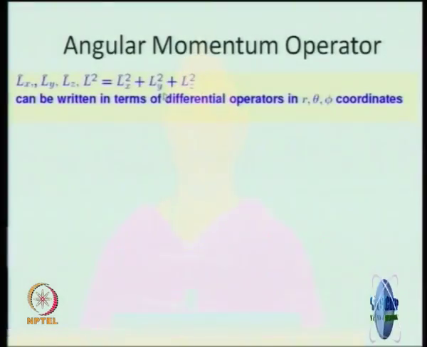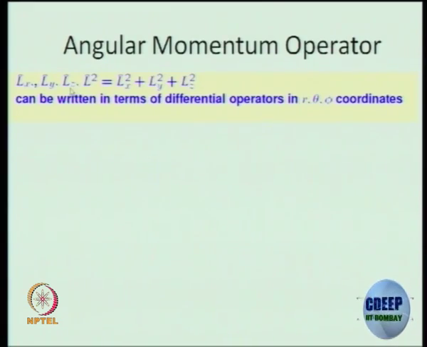Let me briefly tell you the angular momentum operator and how it commutes with the hydrogen atom Hamiltonian. L dot L is Lx squared plus Ly squared plus Lz squared. To study spherically symmetric systems, we use r, theta, phi, and you can make a change of variable and rewrite all these Cartesian components in spherical coordinates.